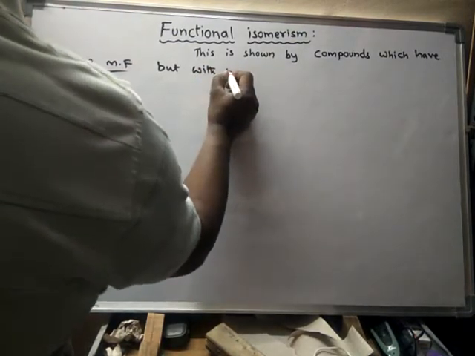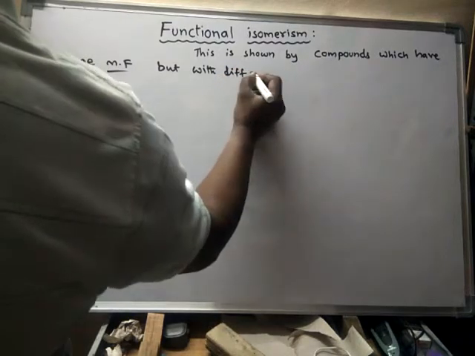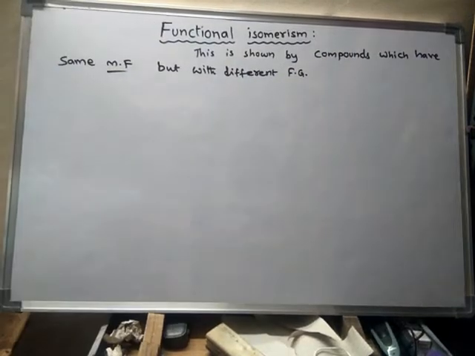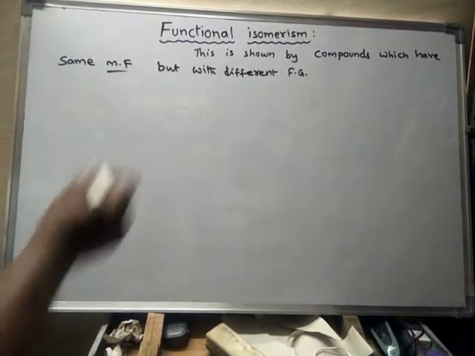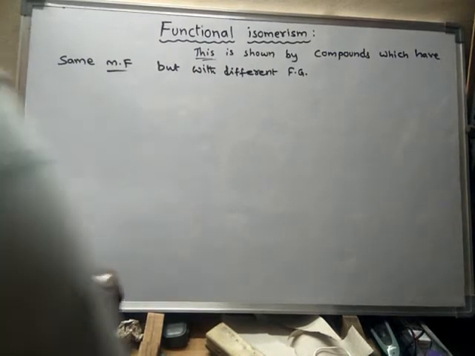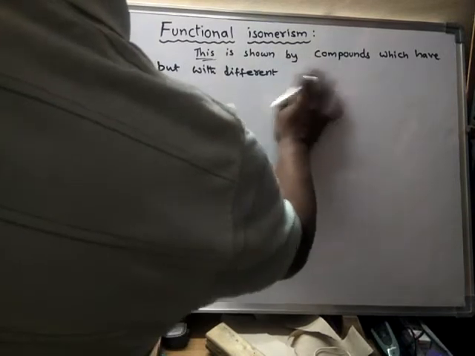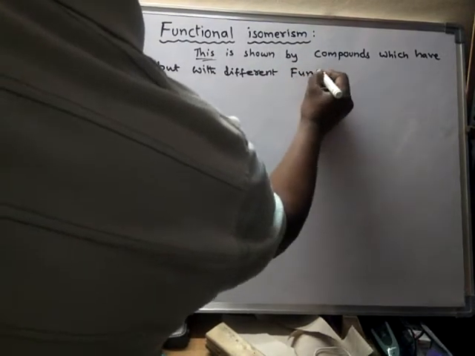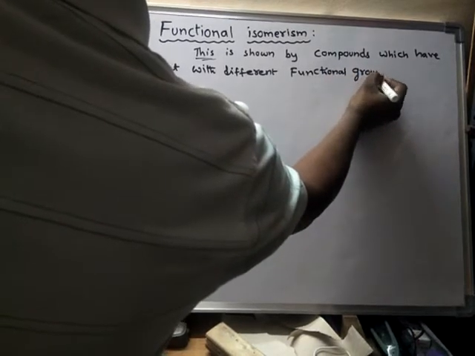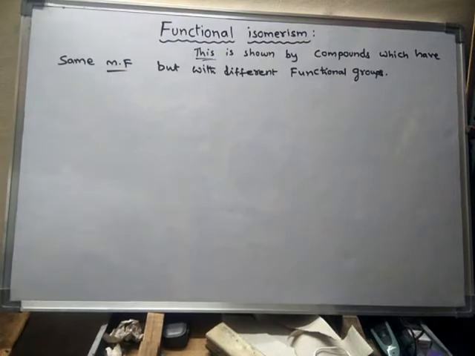Functional isomerism is shown by compounds which have the same molecular formula but with different functional groups. FG means functional groups. Such compounds show functional isomerism.